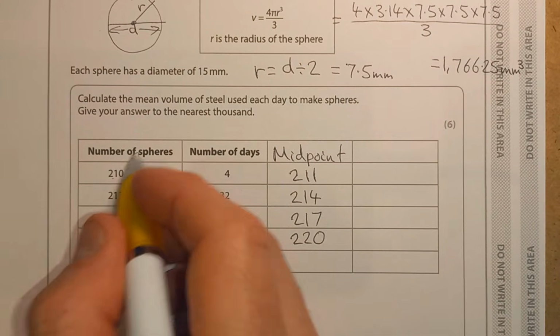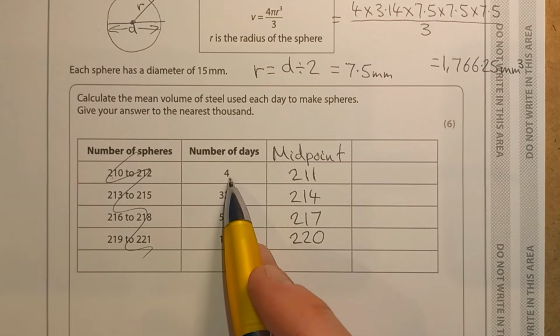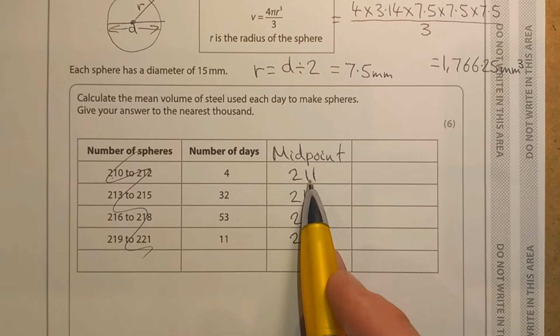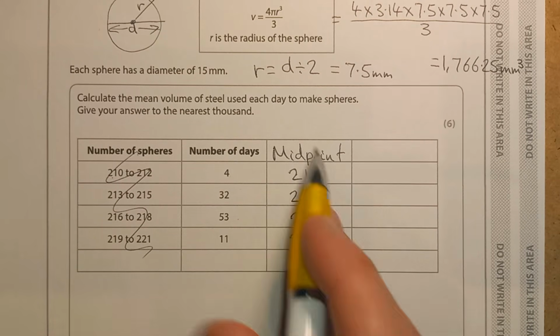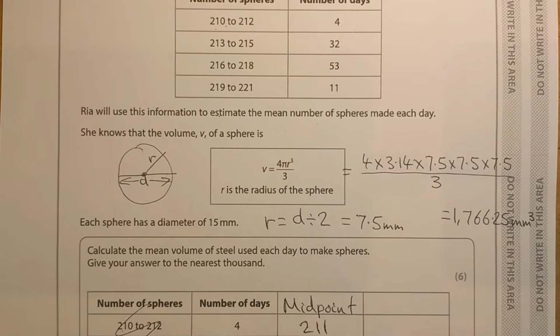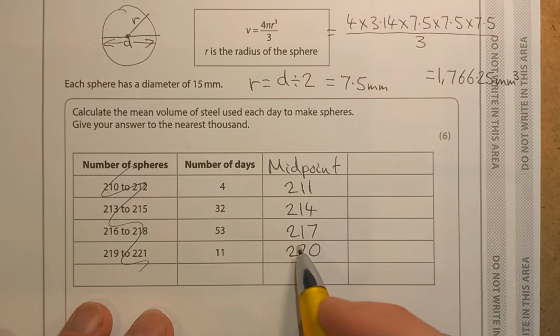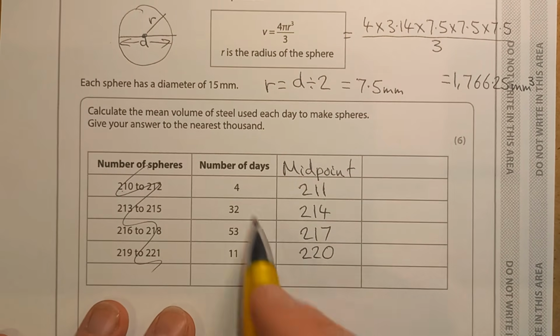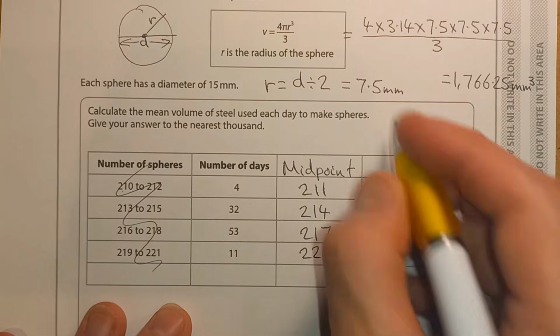Okay, so we're not really interested in the ranges anymore because now I'm saying that for 4 days they made 211 spheres. I don't care exactly where they came because this is the estimating bit where they asked us to estimate the mean. What they mean is use midpoints. Okay, so if there were 4 days where 211 were made, how many were made in total?